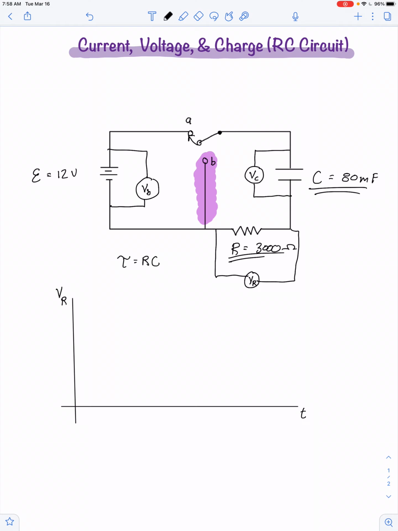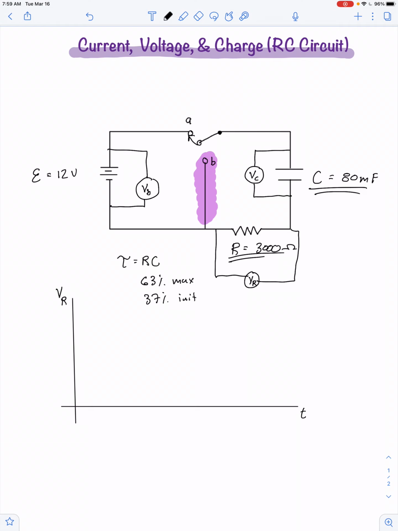Anyway, this value of tau represents the time that it takes for the charge on the capacitor to reach 63% of its maximum value. Another way to say that is it's the time that it takes for the current in the circuit to drop to 37% of its initial value.